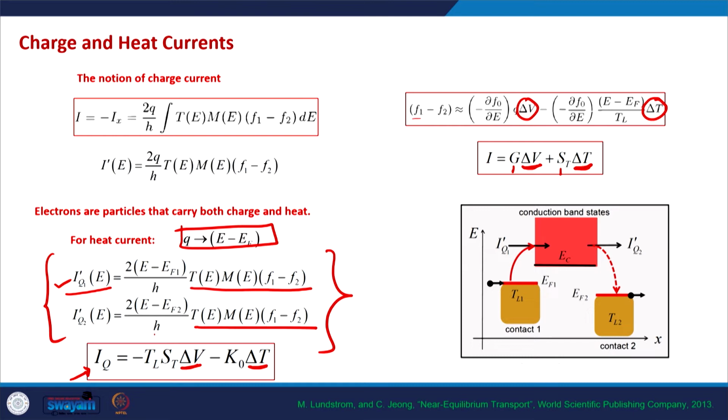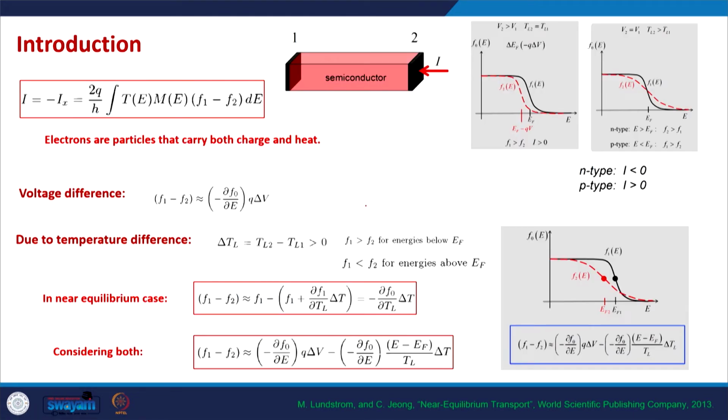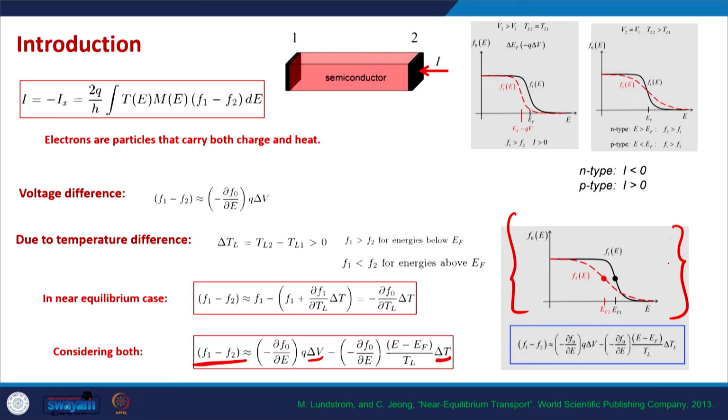This analysis we have already done, because we analyzed F1 minus F2 in our previous class. It depends both on voltage difference and temperature difference, because from this picture we can see that the Fermi function is a function of both temperature and Fermi level, and the Fermi level is dependent on the applied voltage. That is why the Fermi function becomes a function of both the applied voltage and the applied temperature difference across the conductor.